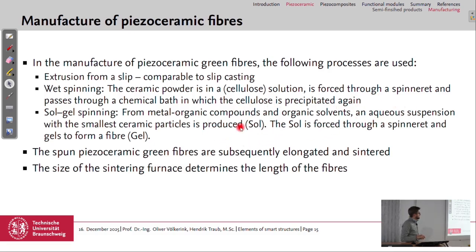It's called the sol, and then this is forced through the spinneret again, and it forms a gel to form the fibers. So therefore it's a sol-gel process. And these piezoceramic fibers then are again the green fibers, which are elongated and sintered. And the size of the sintering furnace determines the maximum length of the fibers you can get from it.